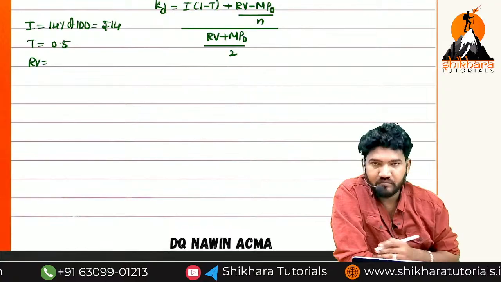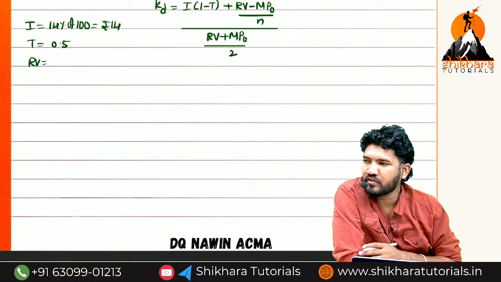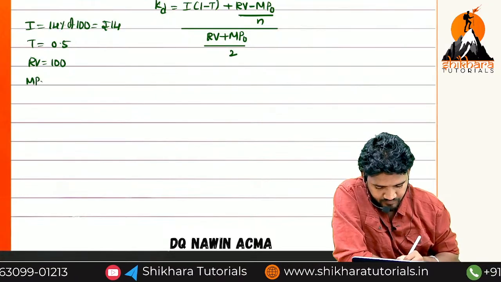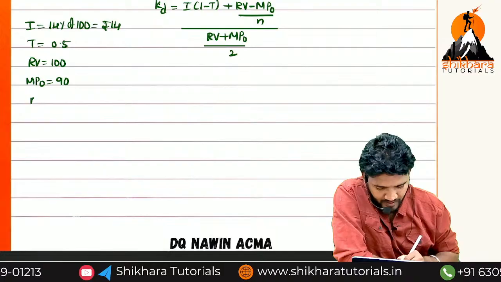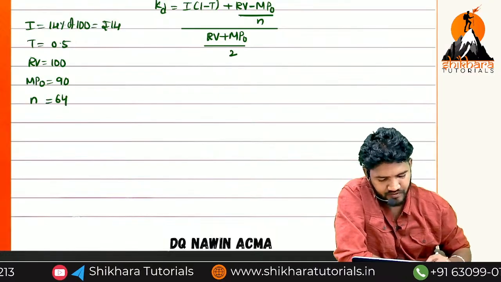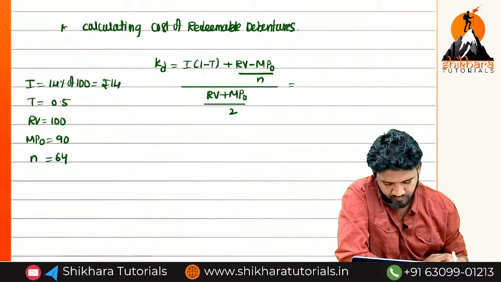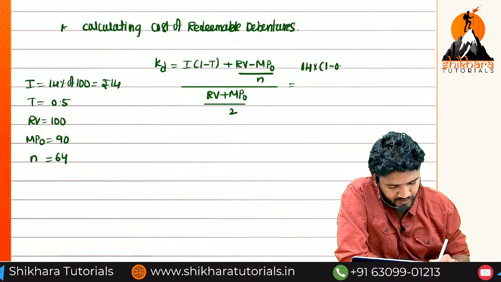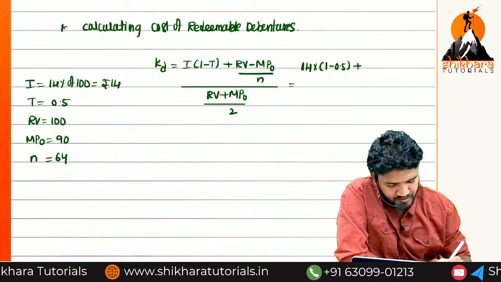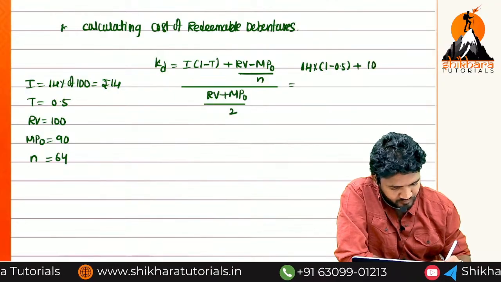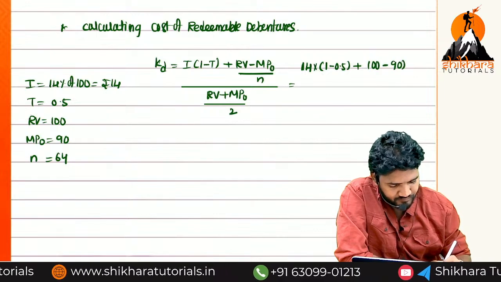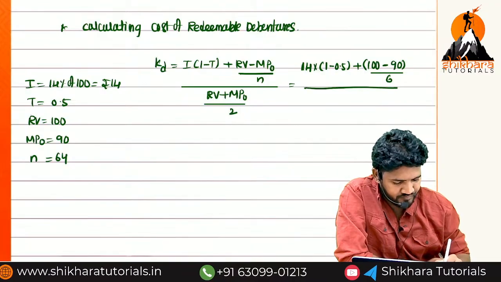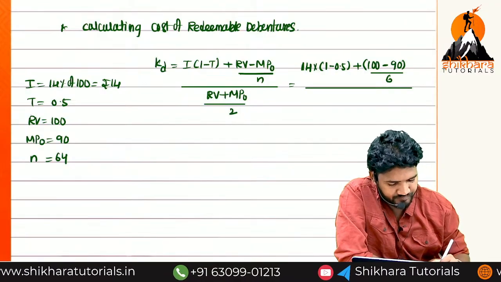Repayment at par also, face value 100, market price 90, n number of years, 6. 14 into 1 minus 0.5 plus 100 minus 90 divided by 6, whole divided by average.